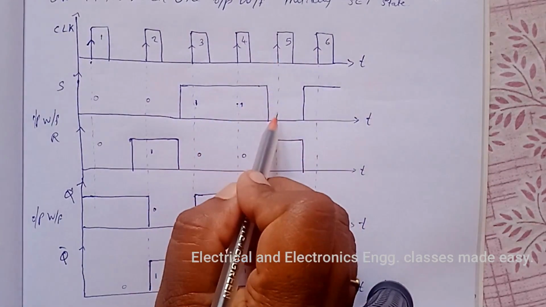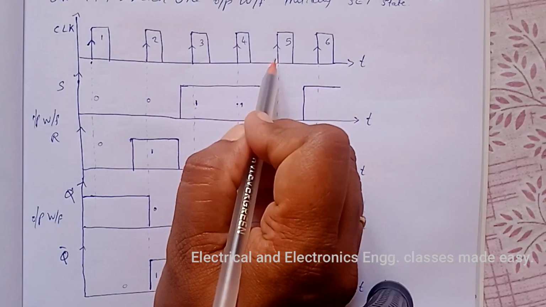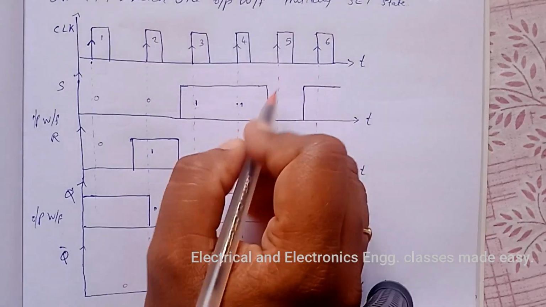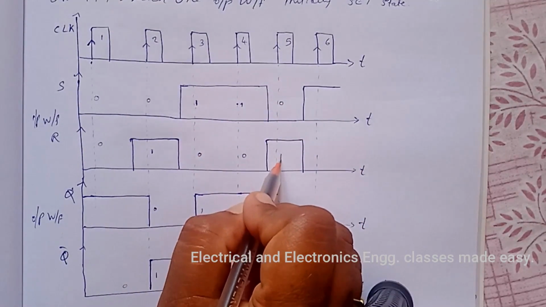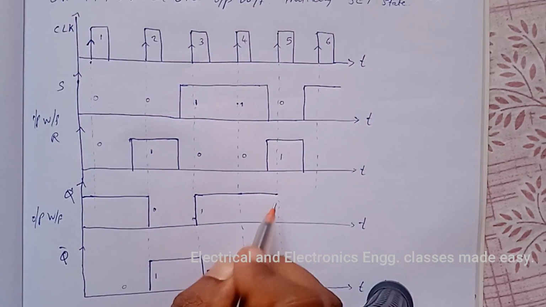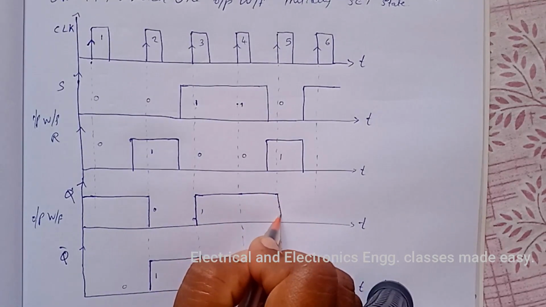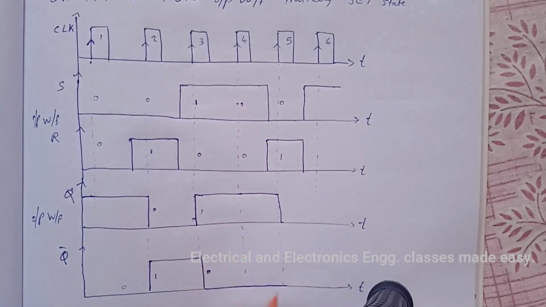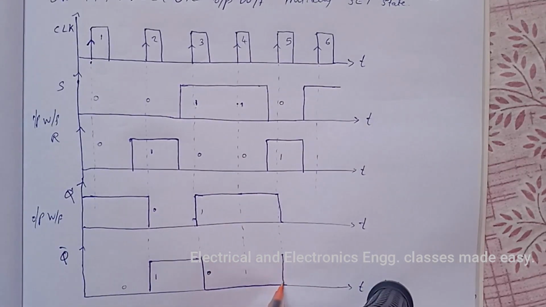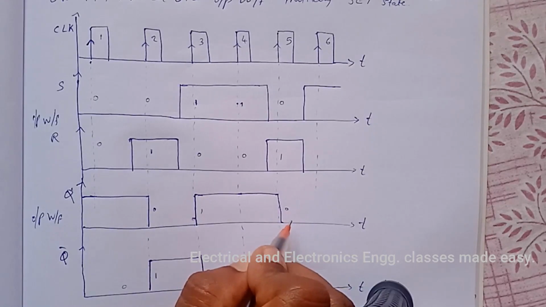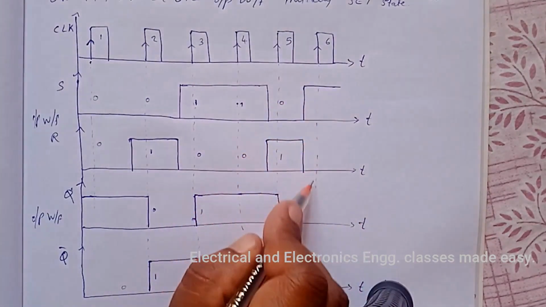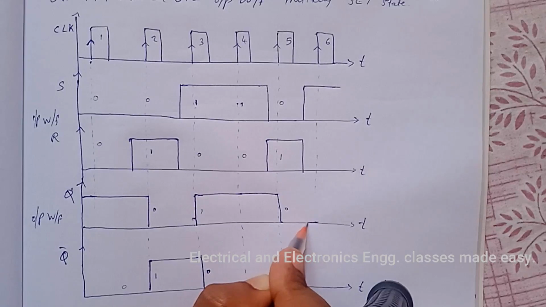So at the positive edge of the fifth clock pulse, S is 0 and R is 1. That means Q is equal to 0 at this point and Q bar is 1, and it will continue up to the next positive edge of the clock pulse.